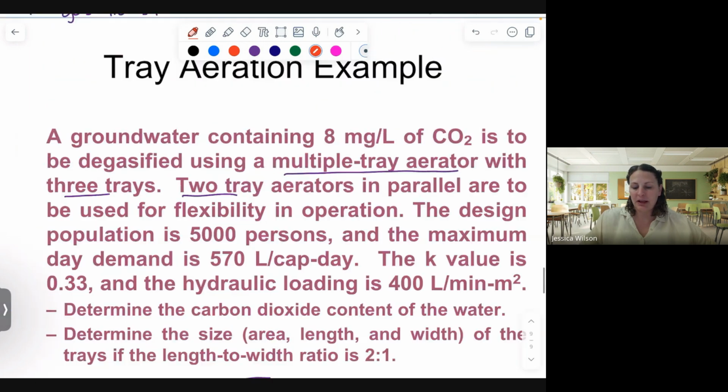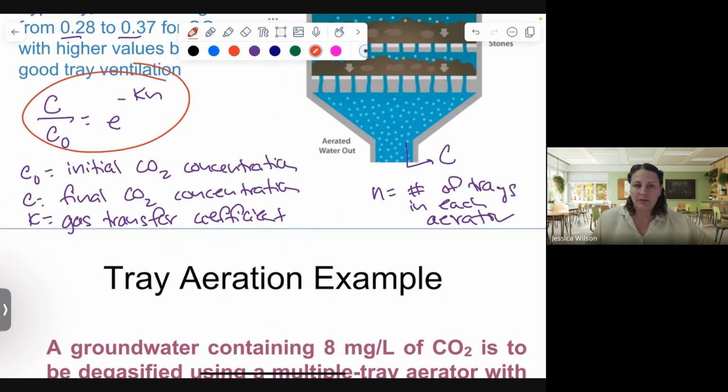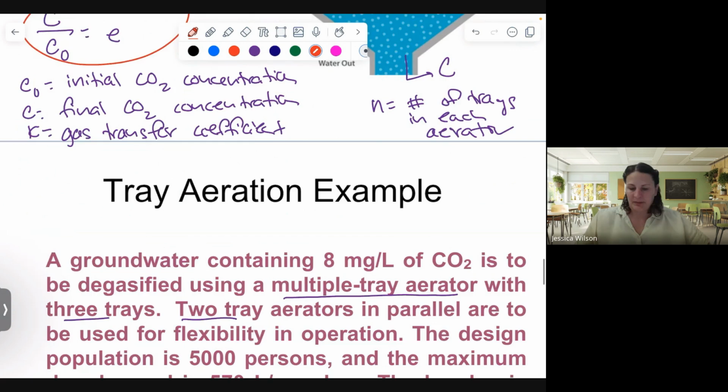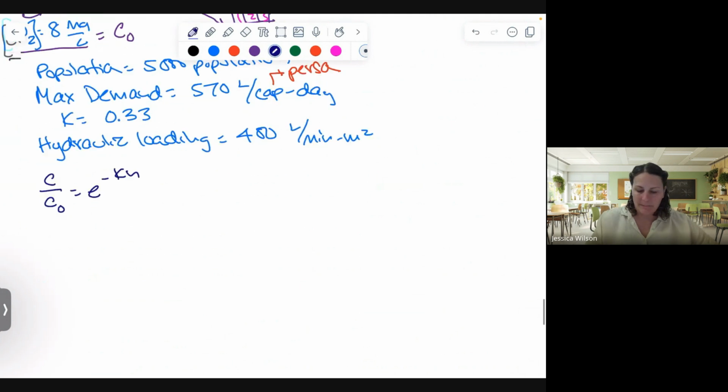So this is just applying our equation: C over C0 is equal to e to the minus kn.